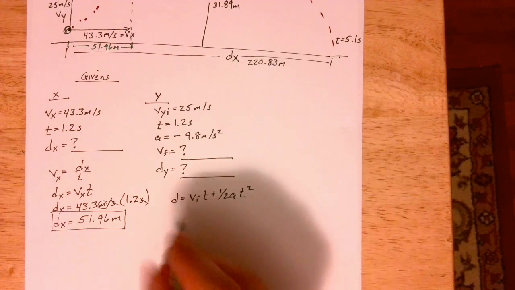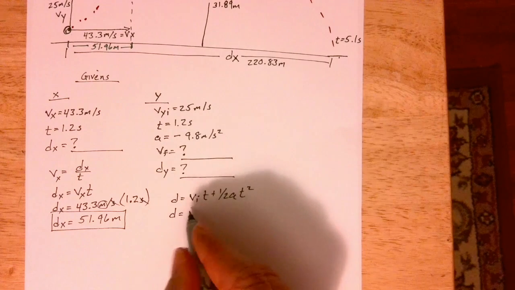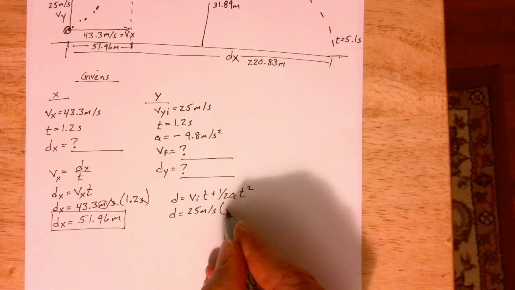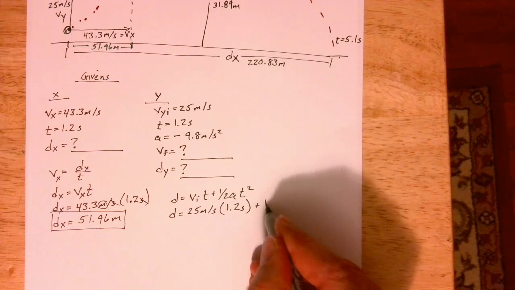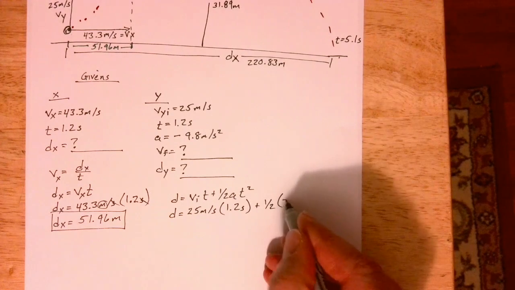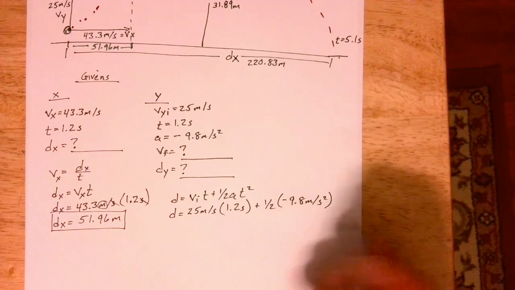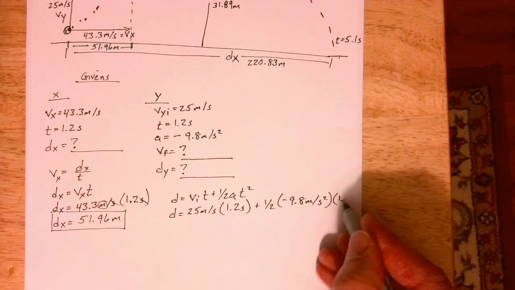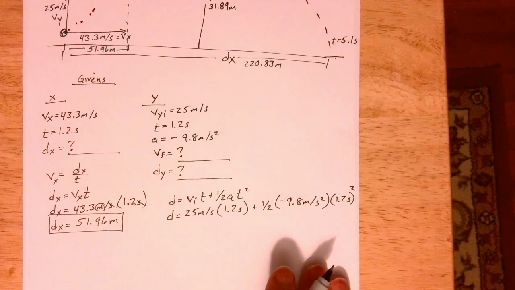So if you plug in the numbers, the initial velocity is 25 meters per second. The time is 1.2 seconds. Plus 1/2. The acceleration is negative 9.8 meters per second squared. And the time is 1.2 seconds squared.